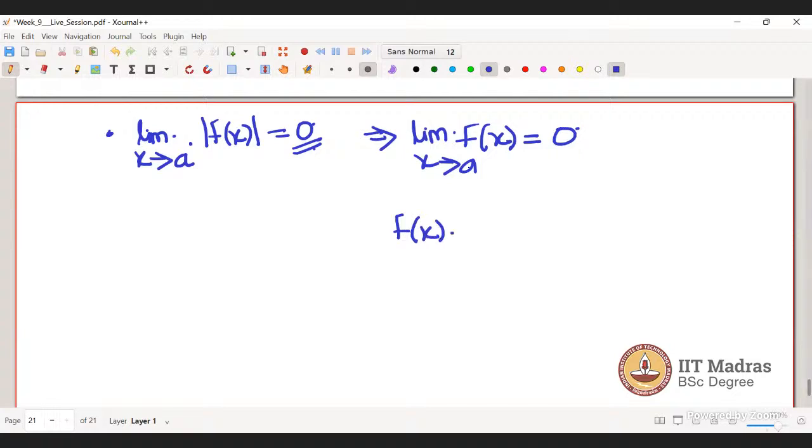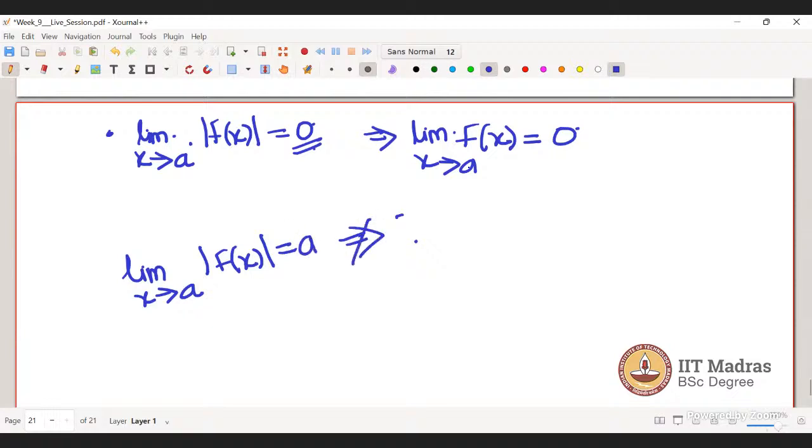This can be applied. Yeah, so the 0 part is crucial. If I say that the limit of mod is A, then I cannot say that. I see. So this is true only if it is 0. Yeah, this is not true in general.